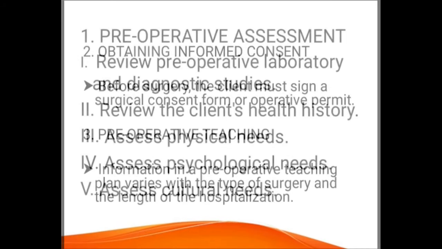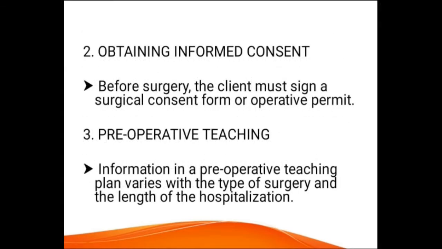The next one is obtaining informed consent. Before surgery, the client must sign a surgical consent form or operative permit. The client must sign a consent form for any procedure that requires anesthesia and has risk of complication.